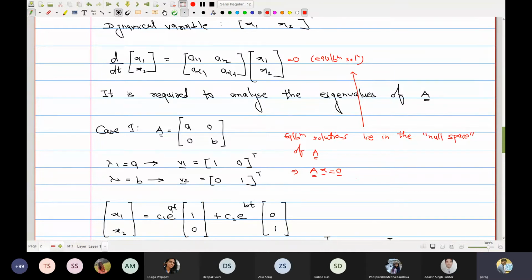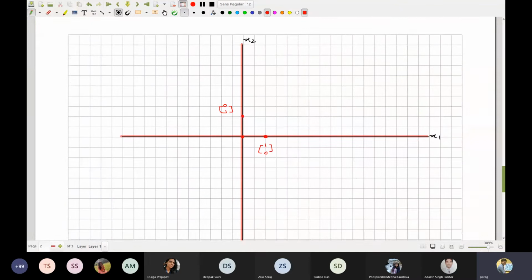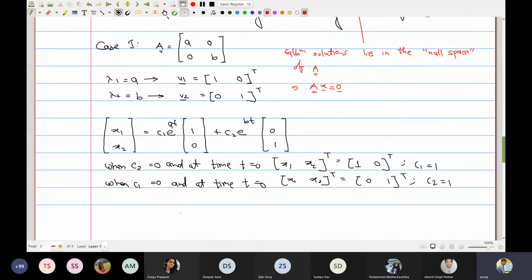Okay, so now what is the equilibrium solution? Here you are solving the matrix with entries a, 0, 0, b times x1, x2 equal to 0, which means x1 is equal to 0 and x2 is equal to 0, right?